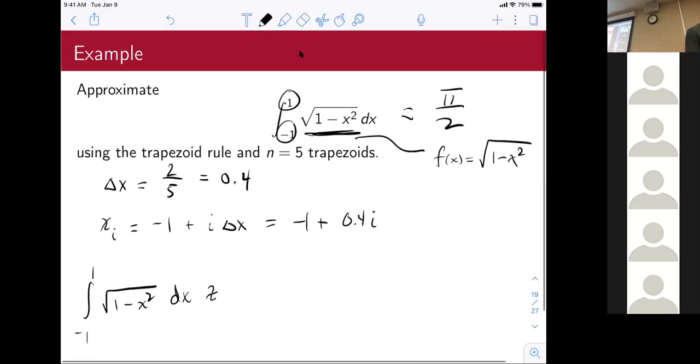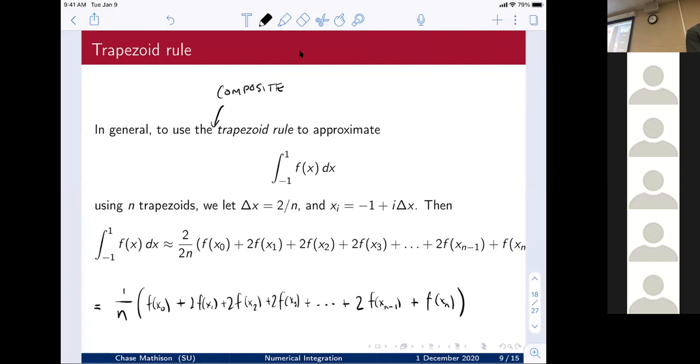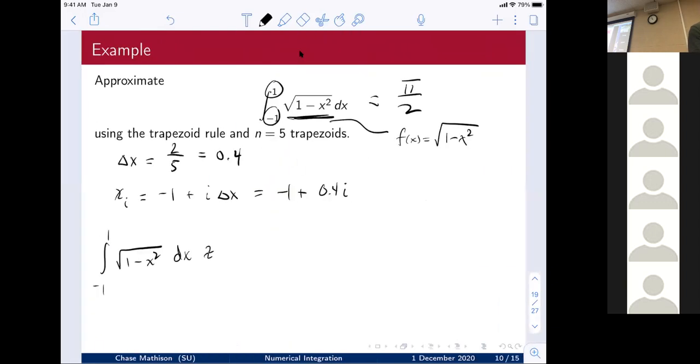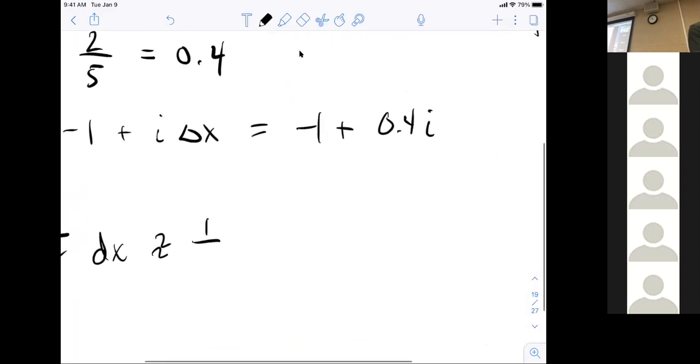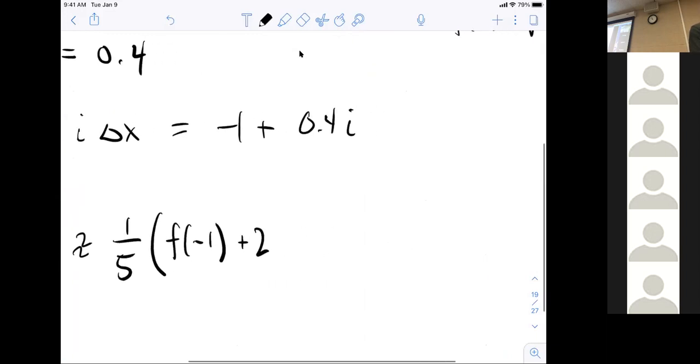well, what's the formula say? 1 over n, or 2 over 2n, however you want to think of it. 1 over n, so 1 over 5 times, well, let's just write it out for a second. f of x0, well, x0 is -1, plus 2 times f of x1, well, x1 is -1 plus 0.4. So that's -0.6.